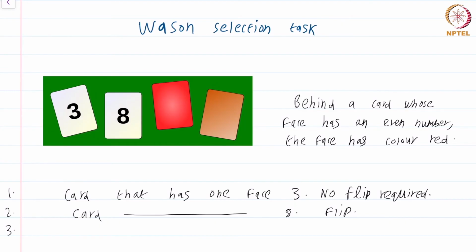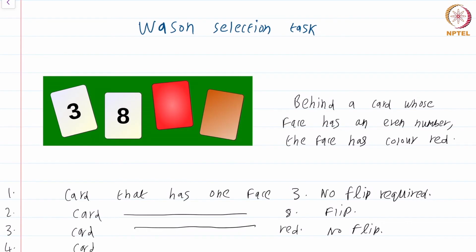Because the proposition that we have does not assert anything about cards that have one face an odd number. So, card that has one face red, no flip. It is completely irrelevant whether the opposite face is even number or not. That's not what the proposition is saying. It is not saying that if one face is red, the other face should be even. So it's completely irrelevant.